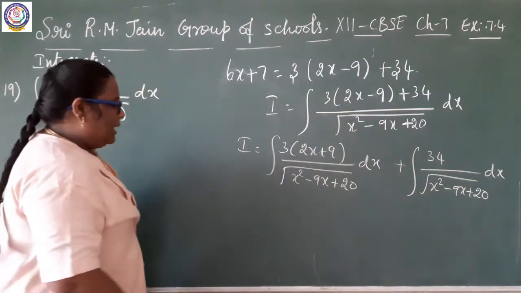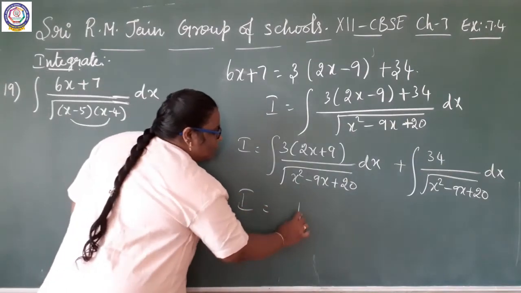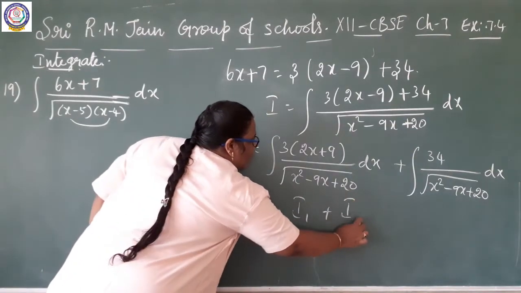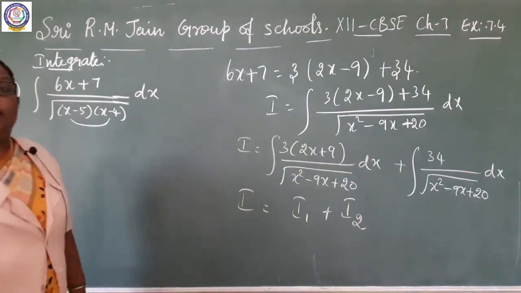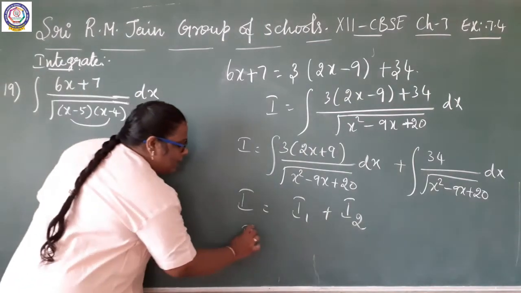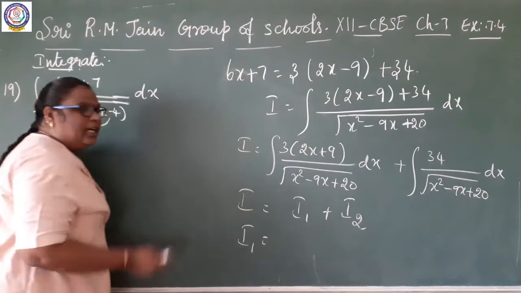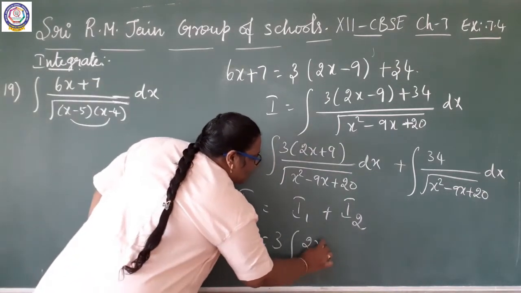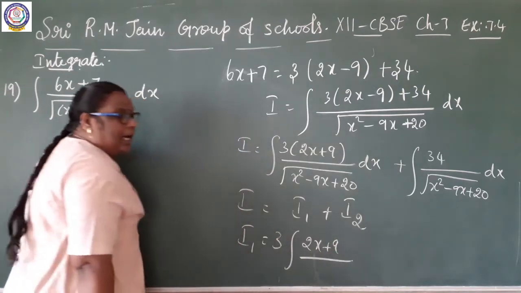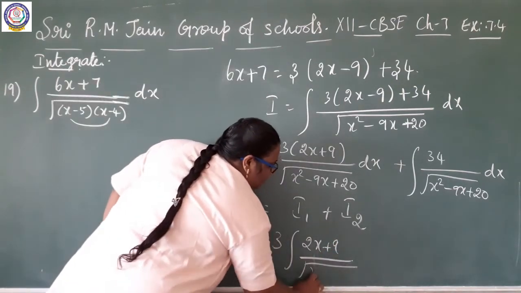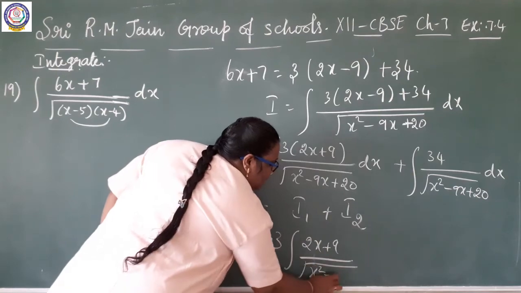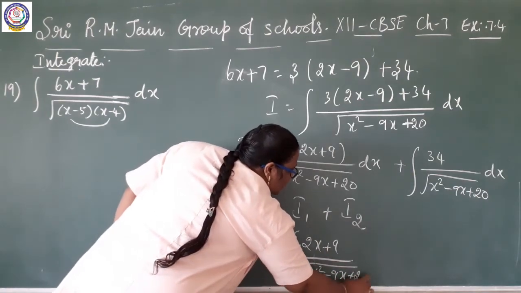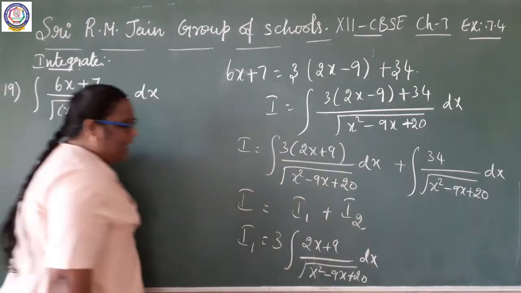You can take it as I equal to I1 plus I2. First take I1. I1 equal to, 3 is a constant, you can take it out, 3 into integral (2x minus 9) by root of x square minus 9x plus 20 into dx.